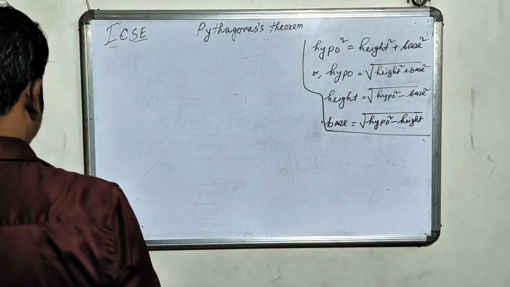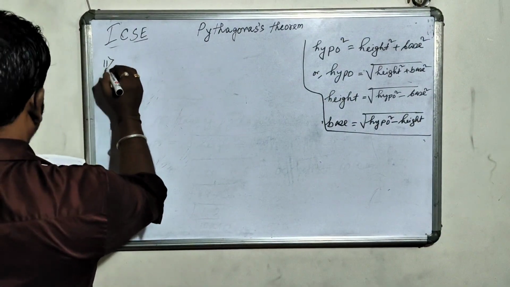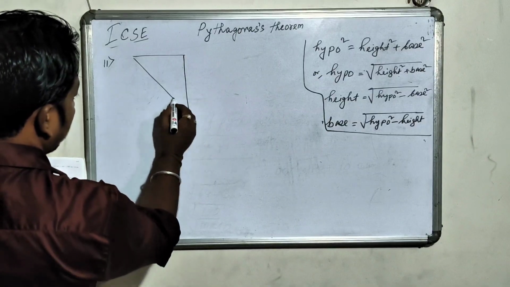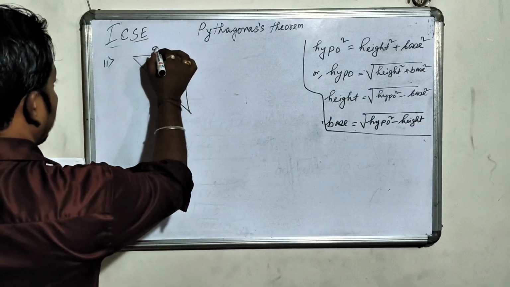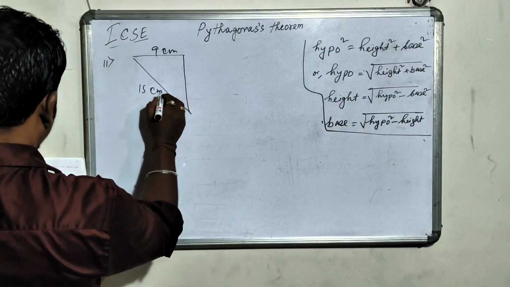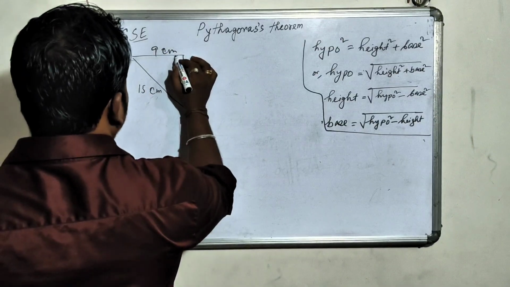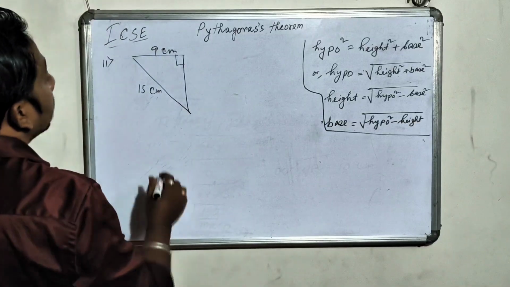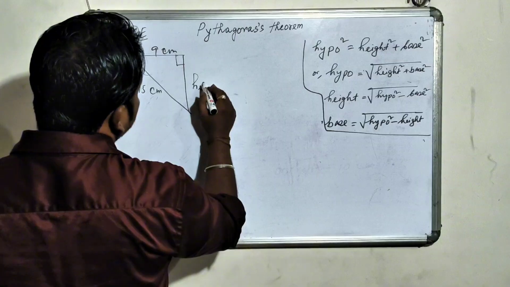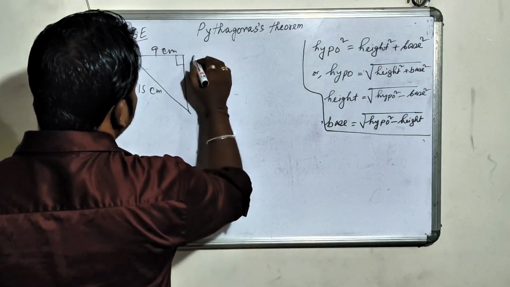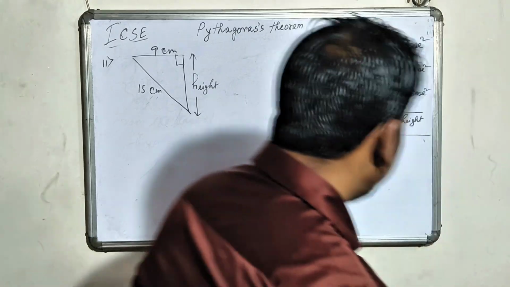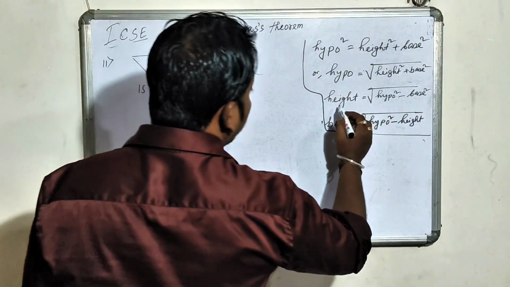Second math, number 2. 9 centimeter, 15 centimeter, and that is the 90 degree. This is base and it is a height. Okay, now we have to find the height.